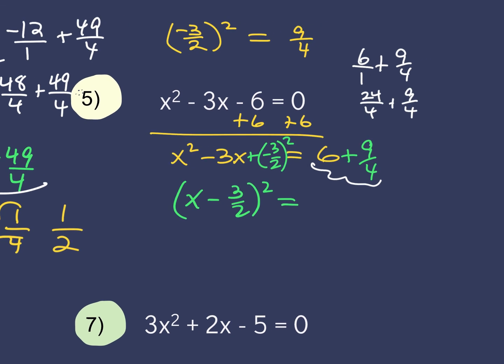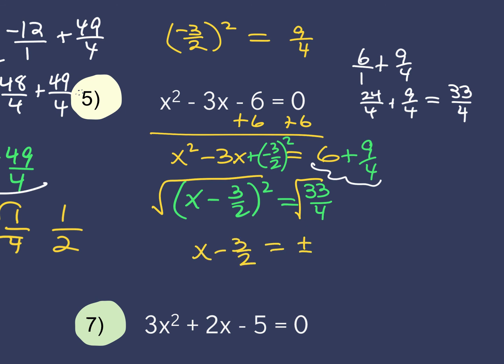And then I can add 24 plus 9, and I get 33 over 4. So that's this side now, 33 over 4. And now I apply the square root method. So square root this side, x minus 3 over 2 is equal to plus and minus.